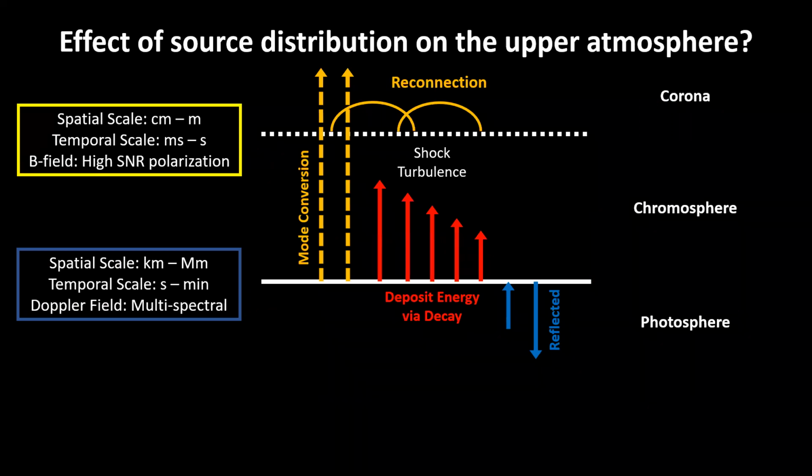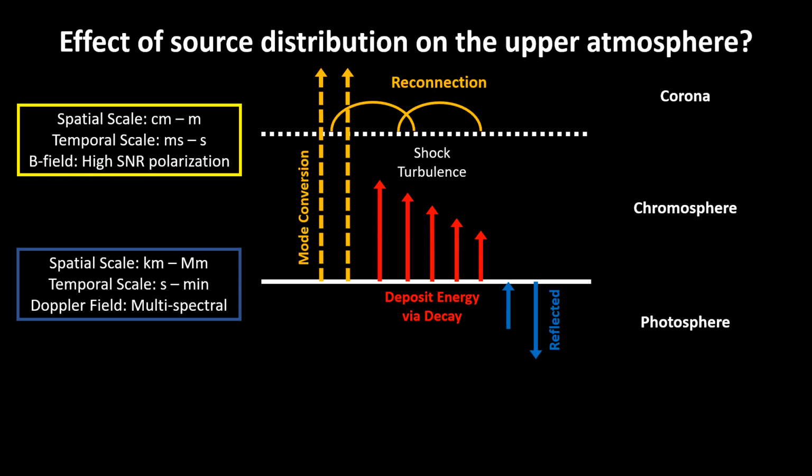Or they can undergo mode conversion, reach the upper transition region or the corona, and deposit energy through Alfvén waves, and they can even initiate reconnection heating, right?